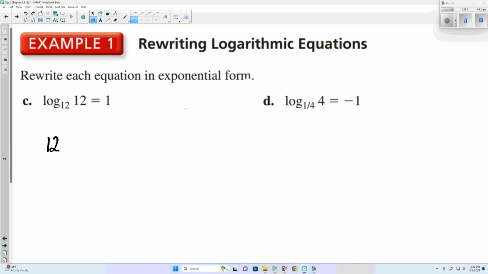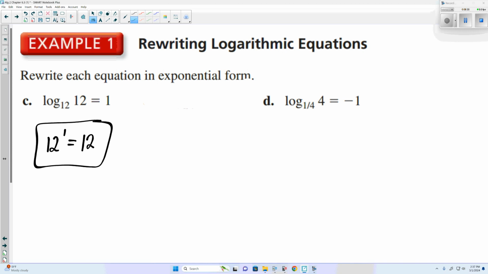So our base would be what? 12, and our exponent would be 1, is equal to 12. If writing out the value of b, x, and y is helpful, do that. We don't have to, because our final answer for this is 12 to the 1st is equal to 12.